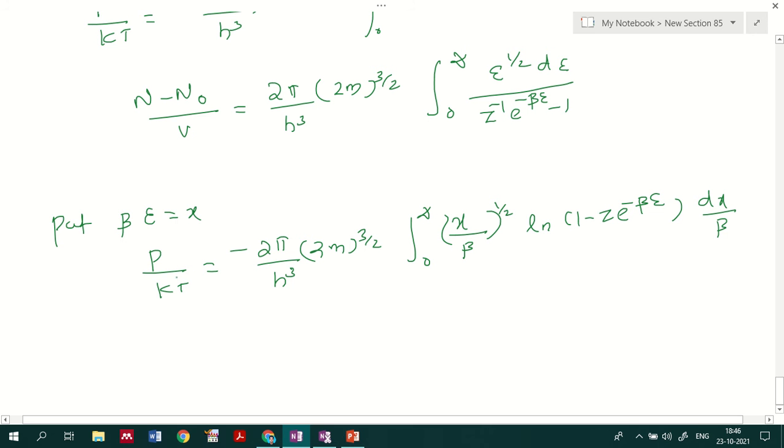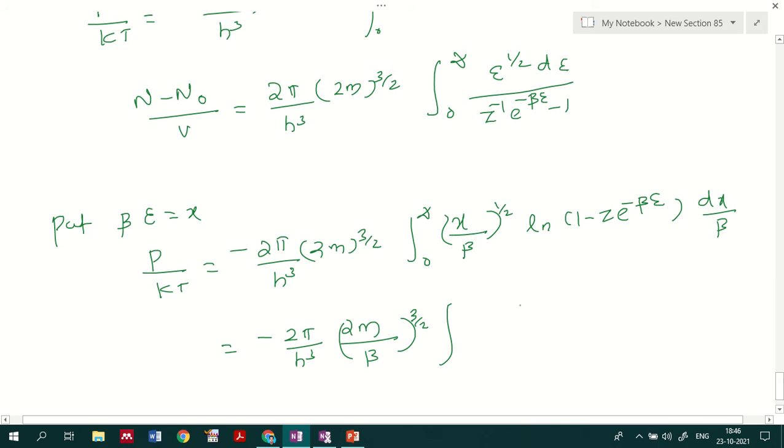So now if I proceed, we'll have minus 2 pi by h cube, 2m divided by beta, which I can take outside, that is, beta raised to 3 by 2 will be there.